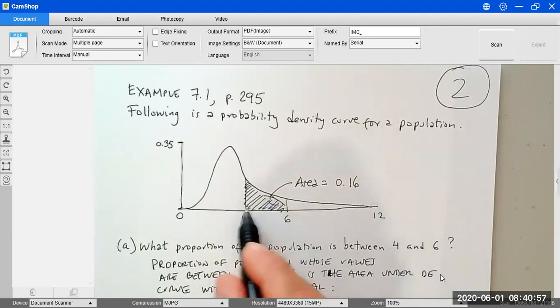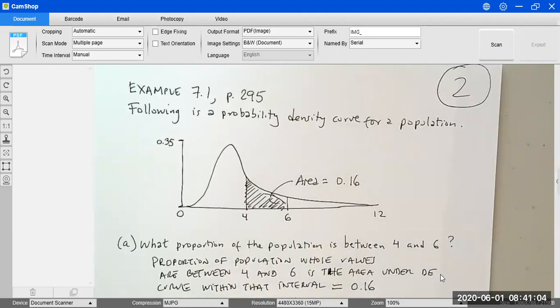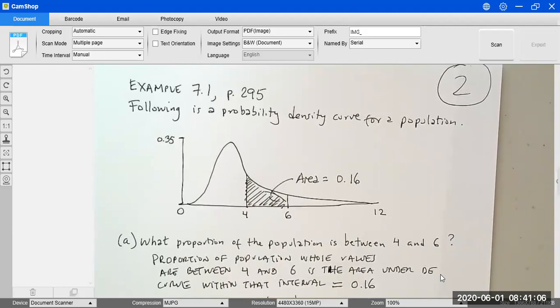So what is the area between 4 and 6? The area under the curve is 0.16, so that's the answer. So 0.16 is the proportion.